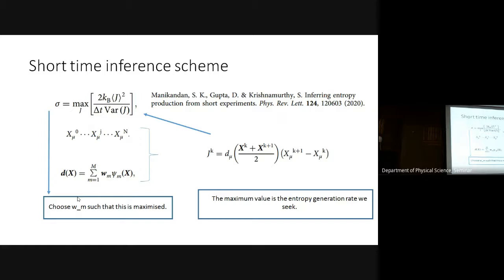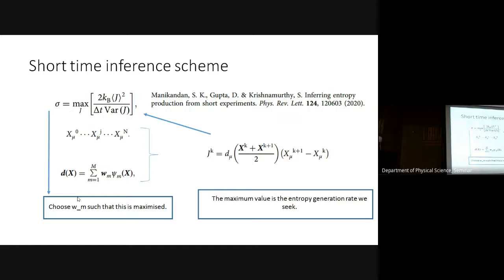So I remember I told you about the x. You get a time series of x_mu, mu denotes the vector, and 0, 1, 2 to n, that's the time step. Okay, you get them, and at the same time, in the space of x that you are dealing with, you construct a function d, any function. It is useful if you construct the function with some basis and with some weights.